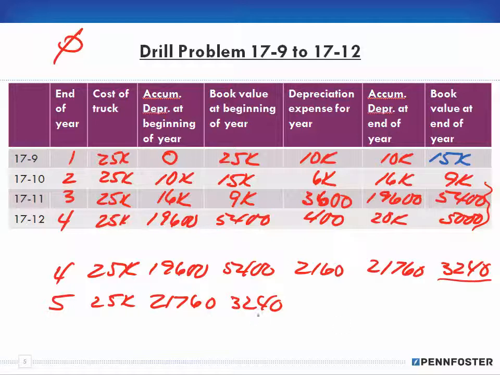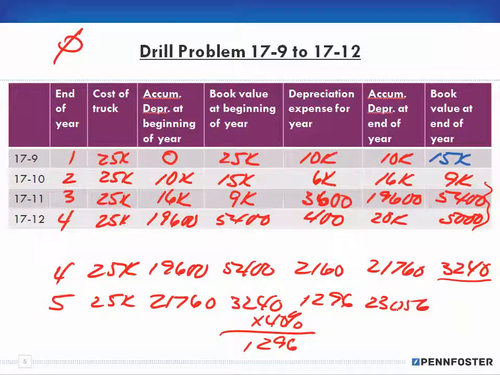But if we notice what's happening here, every time I multiply that new book value by 40%, 3240 times 40%, I get 1296, plus 21,760 gives me 23,056, minus 25,000 gives me 1944. Notice that my book value is continuously decreasing, but it'll never get to 0 because I'm multiplying by a percentage of 40.